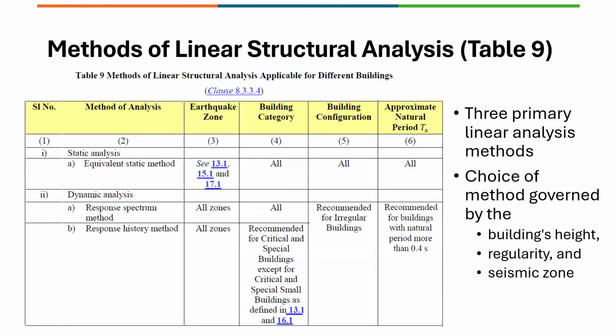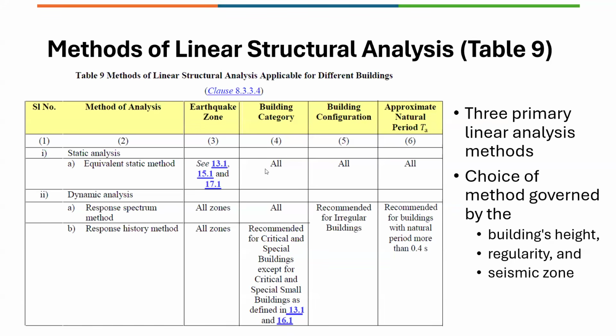But primarily, these are governed by the building height up to 50 meters, and then regularity and the seismic zone. If you take a seismic zone, then all the methods are applicable. And there are restrictions for the equivalent static method, which we will discuss shortly.